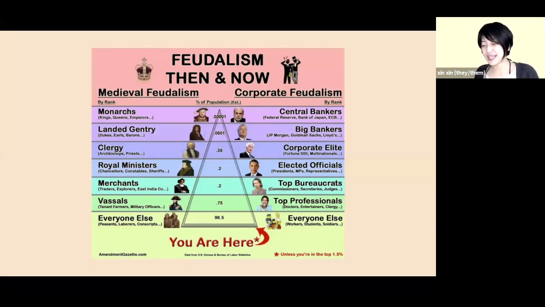So in this case, what you're seeing here is a comparison between medieval feudalism versus corporate feudalism.